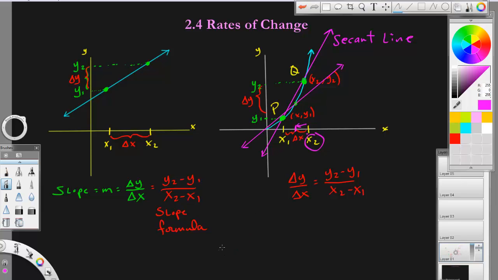So if we could imagine a curve going up through here, and these 2 points becoming infinitely close and finally being right on top of each other, where the distance between these 2 points is 0, then we would have what's called a tangent line, and that would be something like that. It would hit the point once. That's called a tangent line.